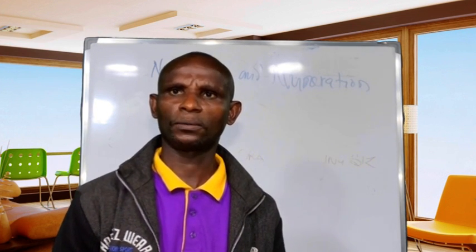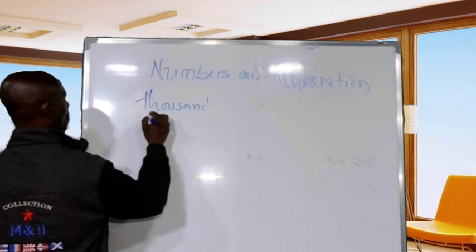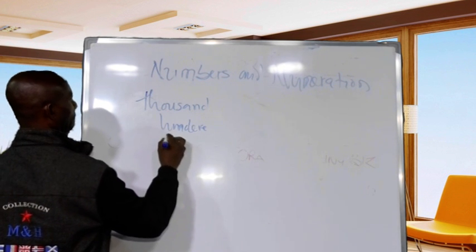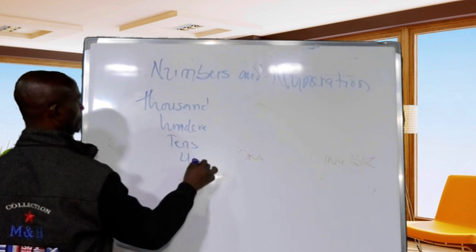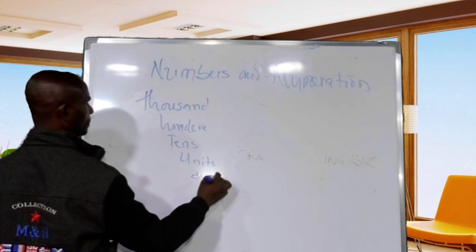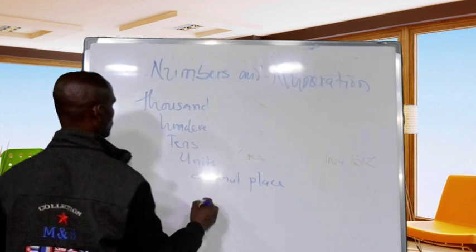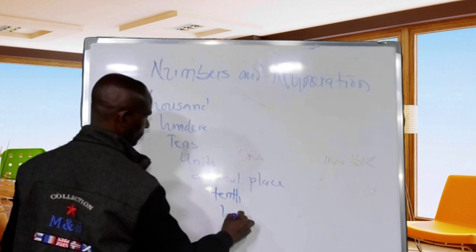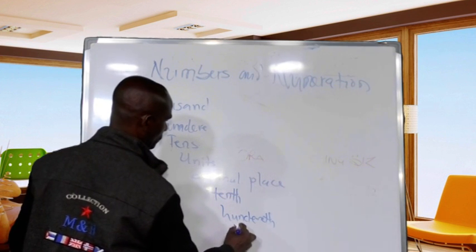I will show you how. 1,000, 100, tenths, unit, decimal places, decimal place, 10, 100, we have 1,000.